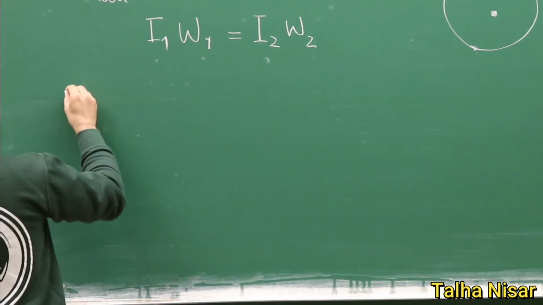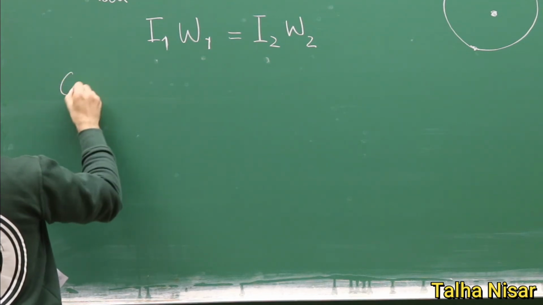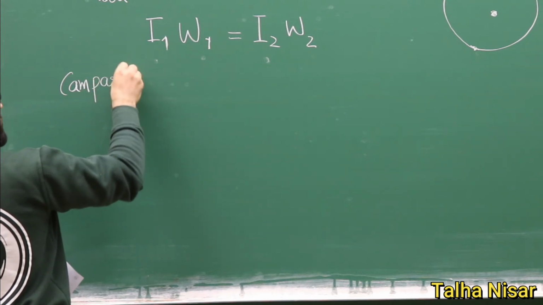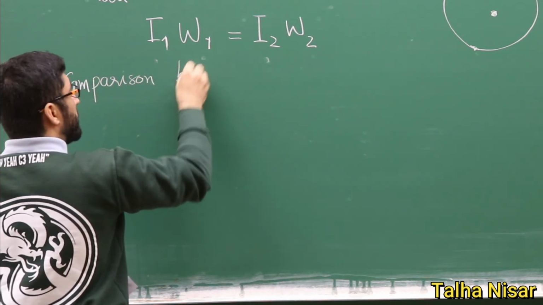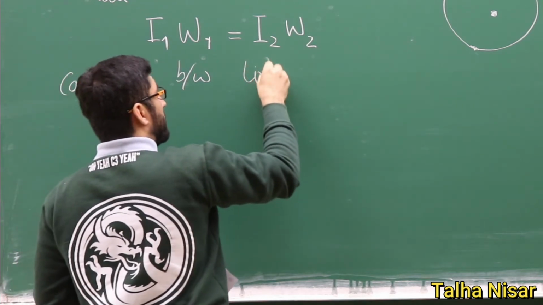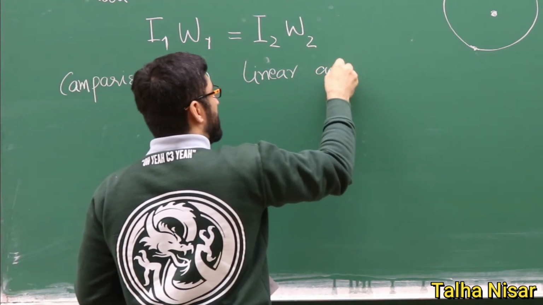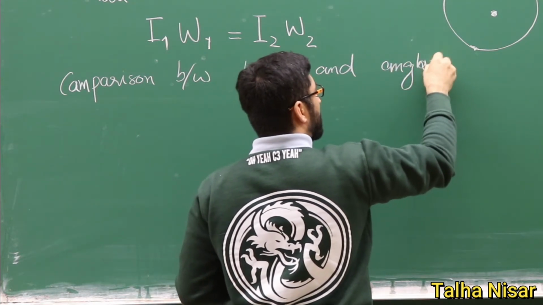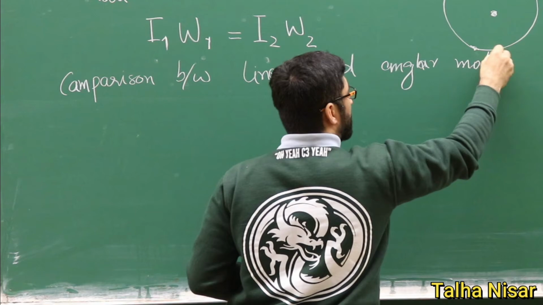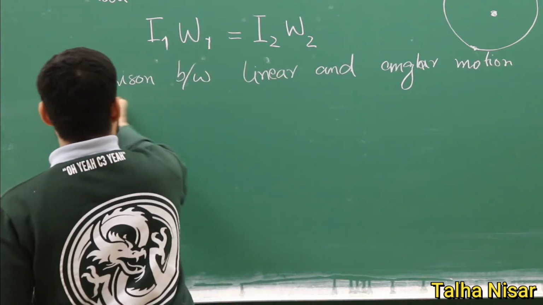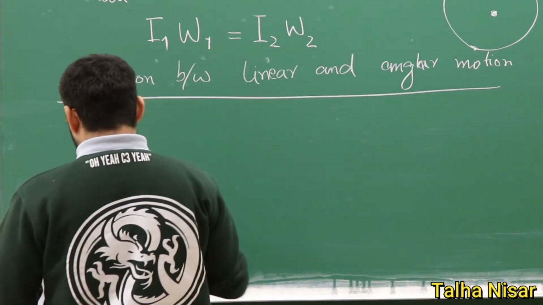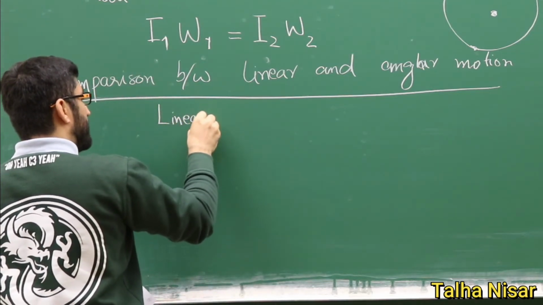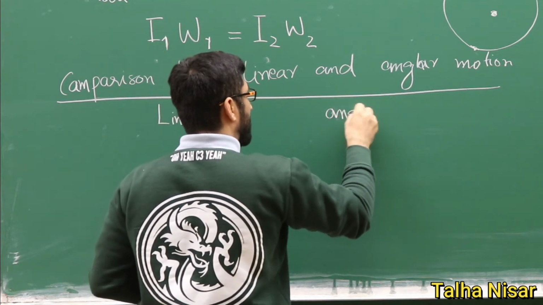So we want to see the comparison between linear and angular motion. For example, we have the linear on this side, and then we have the angular.